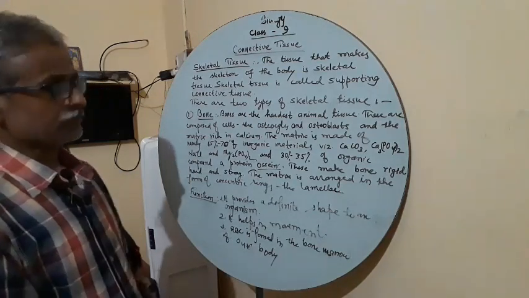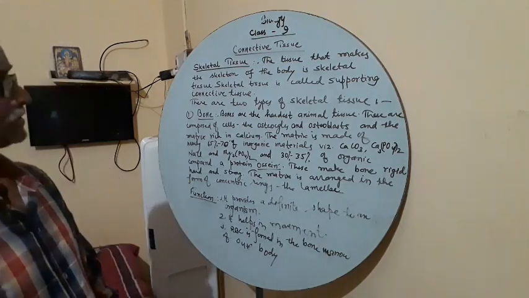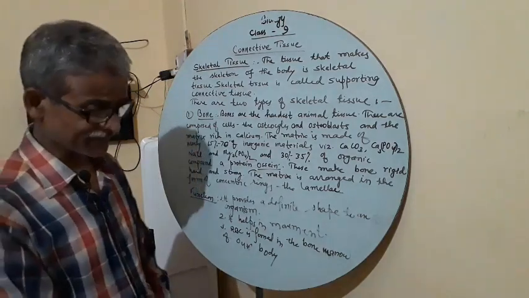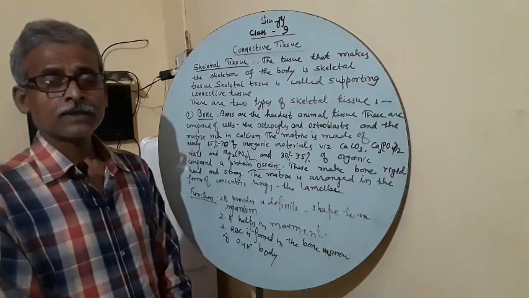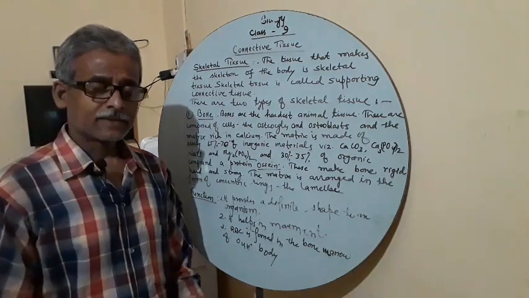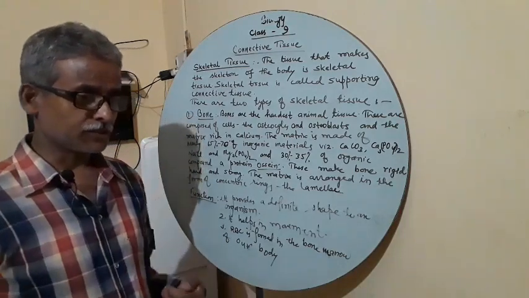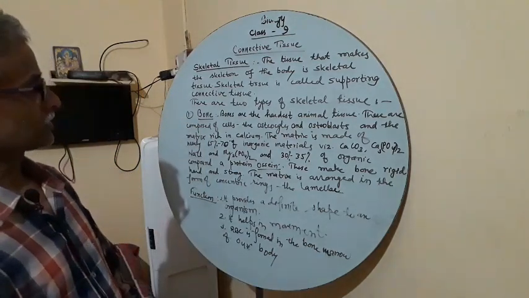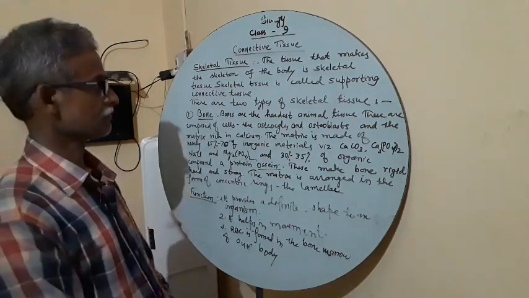There are two types of skeletal tissues. One thing that you should know is that this skeleton supports our body, so it is also called supporting connective tissue.